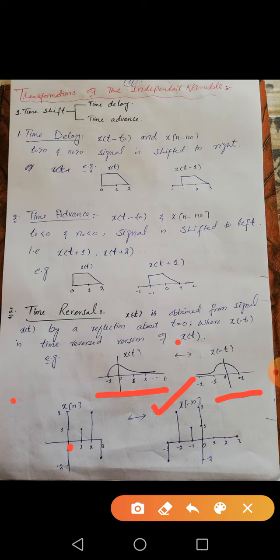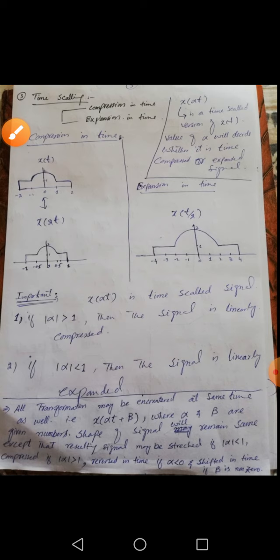The sample at n is equal to 2 will be shifted to n is equal to minus 2. The sample at n is equal to 3 will be shifted to n is equal to minus 3. However, their amplitude will remain the same. This is the example of the time reversal.